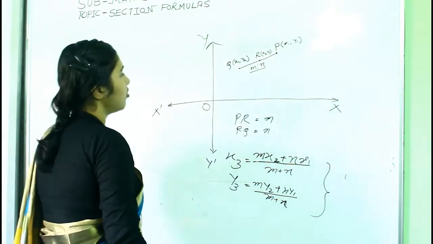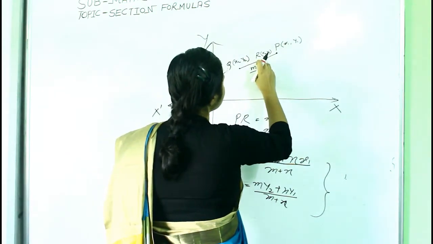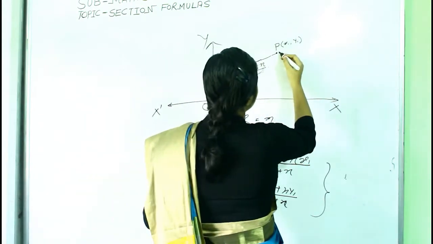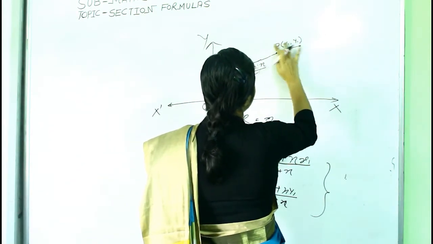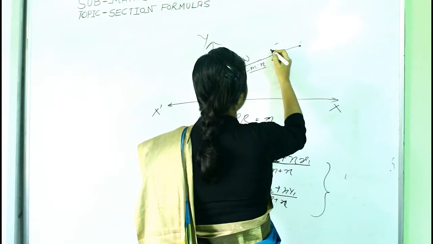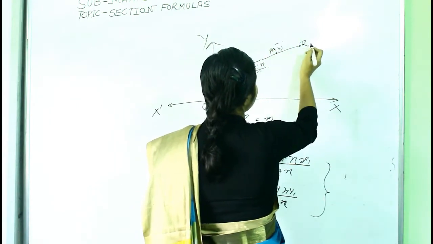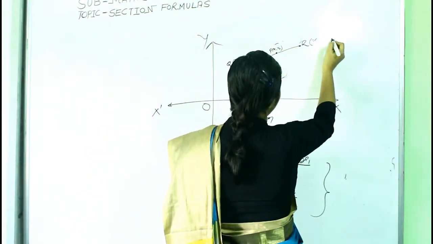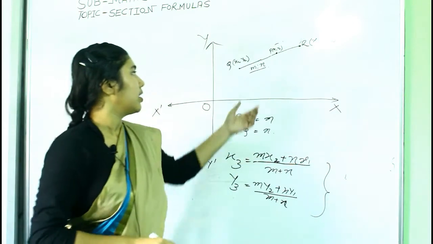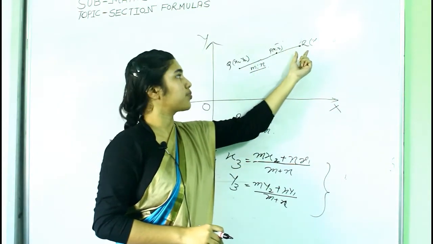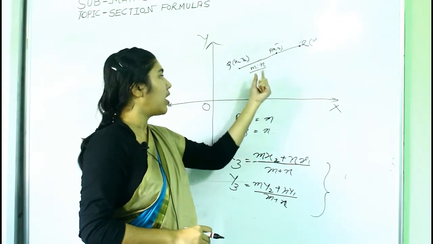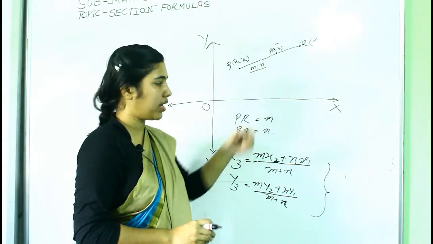Okay. Now suppose this point R is here. This is the point P, x1, y1, and suppose the point R here has coordinates x3, y3. And also this point R divides this line segment PQ at the ratio m is to n.